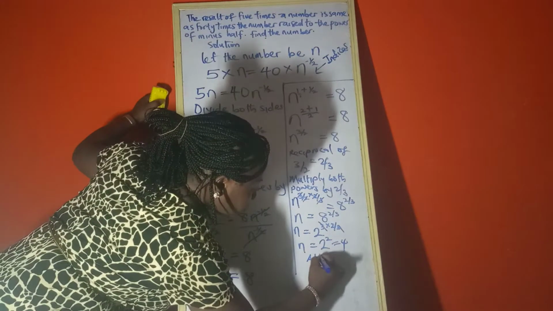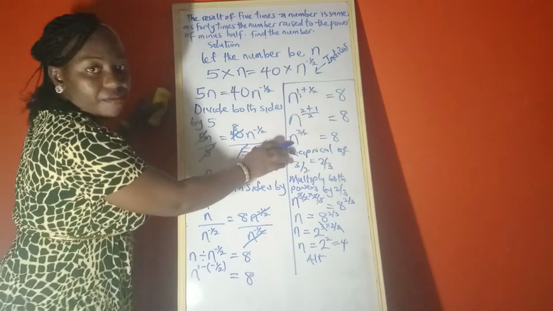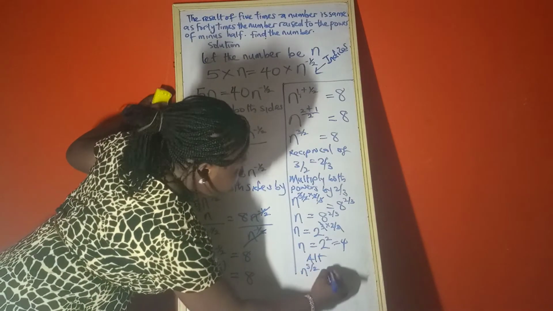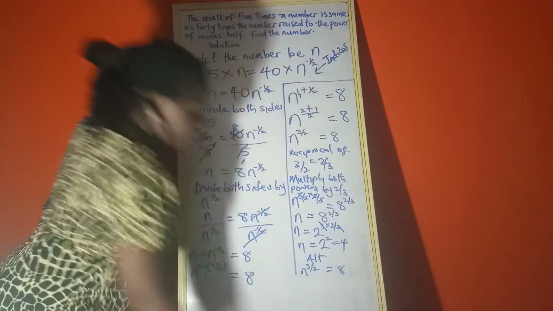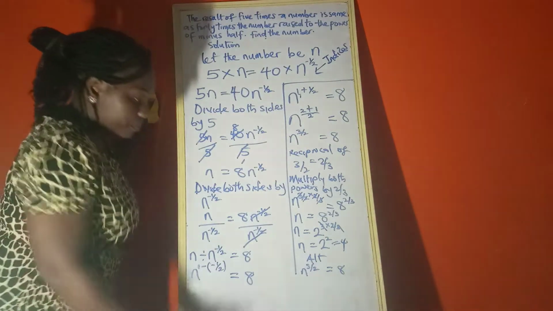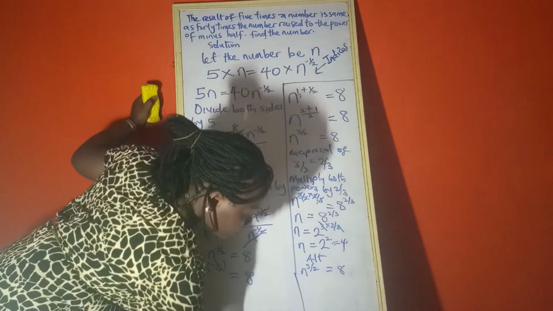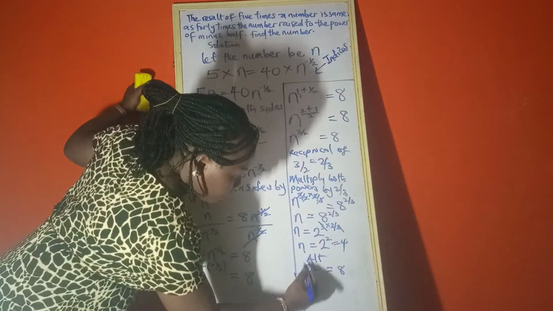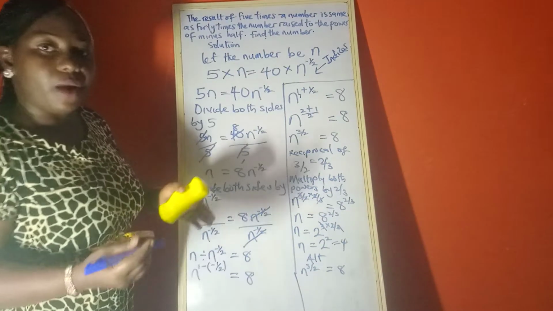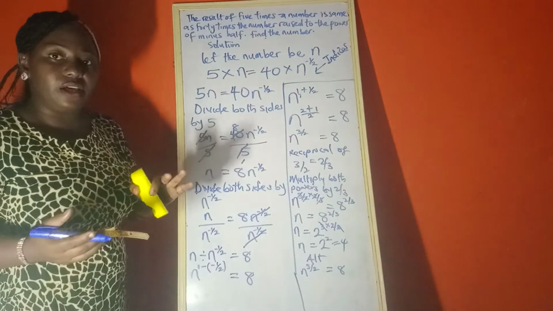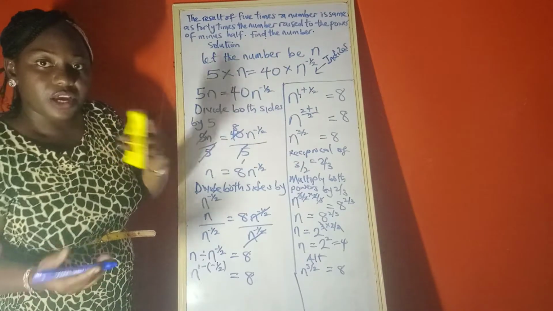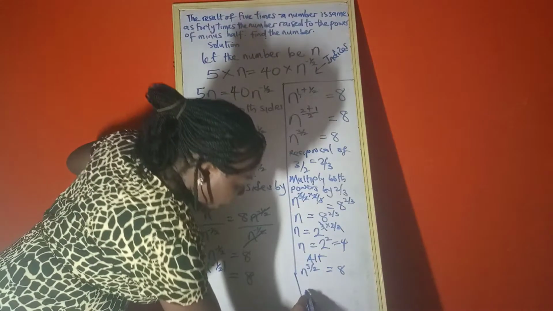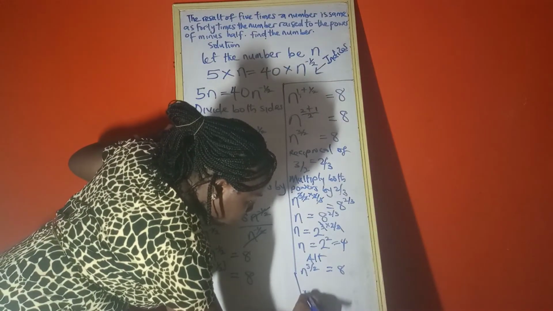Alternatively, when I get to this area here, I have n raised to power 3 over 2 equals to 8. And so, I want to use an alternative method to get my n. Remember that when you're having a power and it's a fraction, the denominator becomes a root. So here you are having roots. It will become a square root.